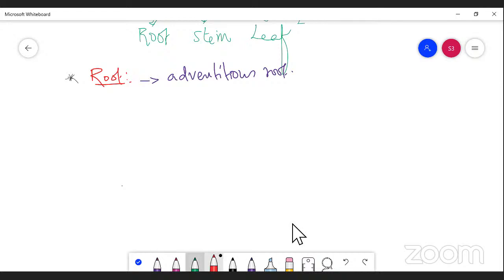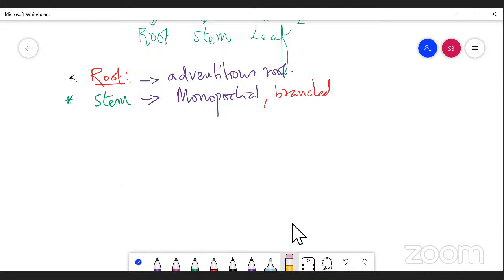And the stem, generally, is monopodial in nature. The stem is monopodial and branched, right? Monopodial condition and branching one.